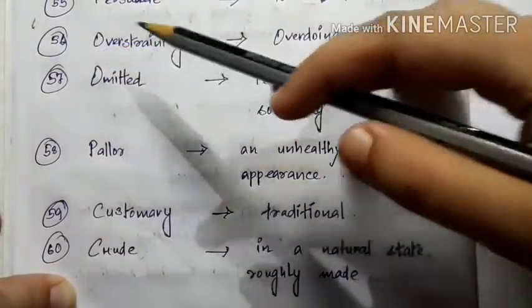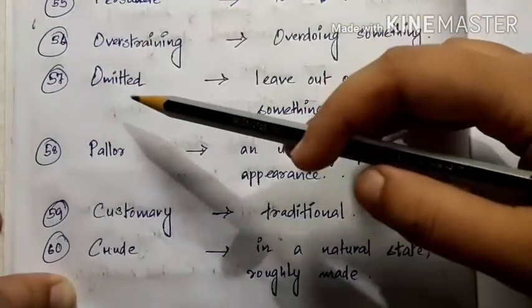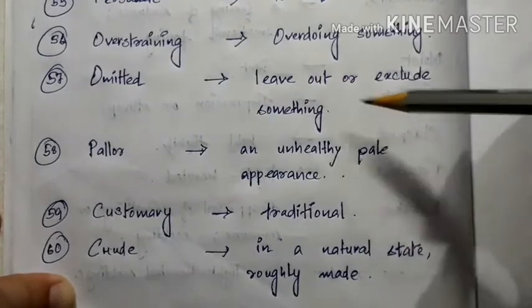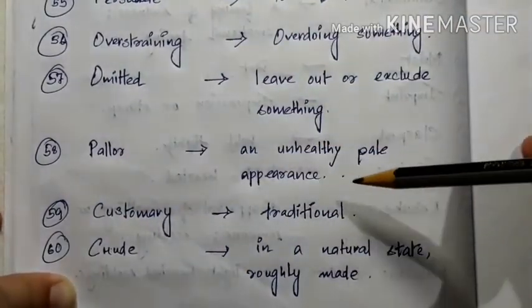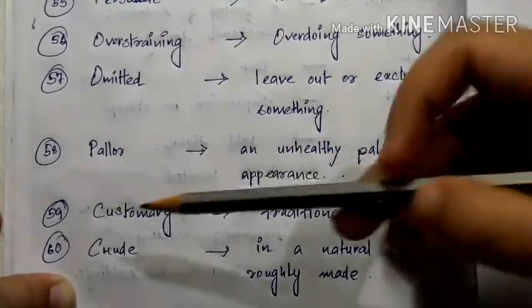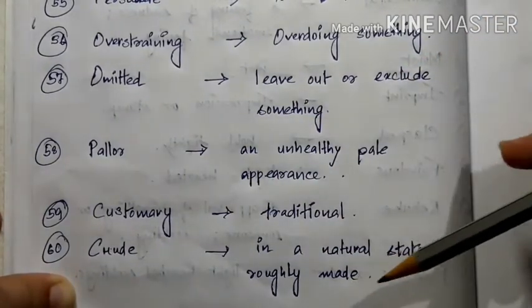Number 56, overstraining, meaning overdoing something. Number 57, omitted, meaning leave out or exclude something. Number 58, pallor, meaning an unhealthy pale appearance. Number 59, customary, meaning traditional. Number 60, crude, meaning in a natural state or roughly made.